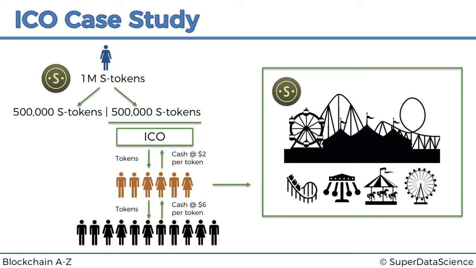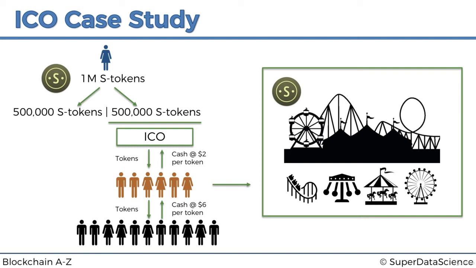And so when that happens, the price increases. Because the price has increased, these people are going to have to pay, for example, $6 per token, and they're going to buy them off these first people that initially got into the market. And what are they going to do with them? Well, they're going to either keep them for investment purposes, for speculative reasons, and later on sell them off one day.